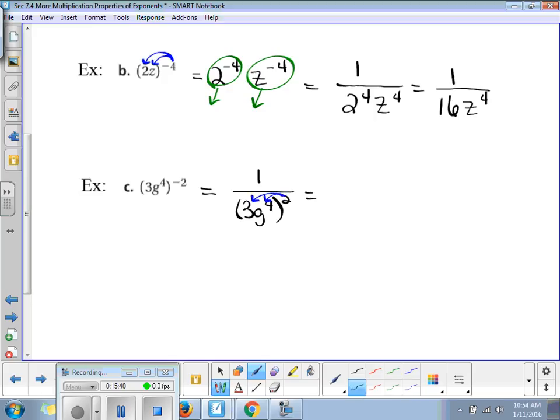So this becomes 1 over 3 squared g to the 4 squared. Got it? And then when we simplify, we end up with 1 over 9g to the 8th. Very good.